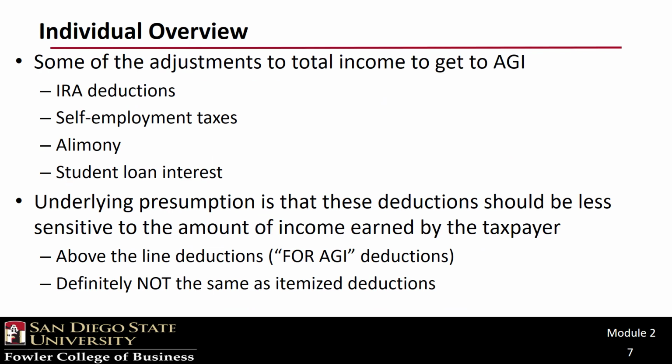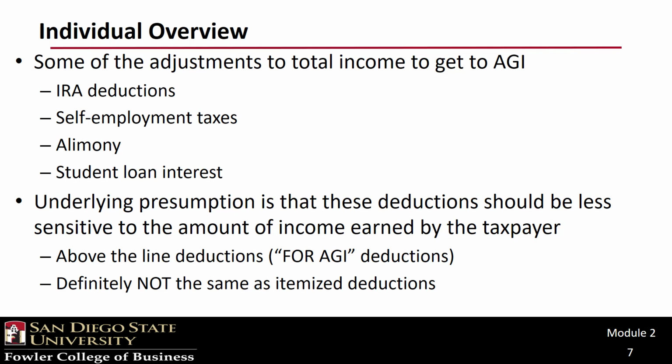As I mentioned, there are a small number of items that are deductible to get to AGI. These are often called for AGI, or sometimes referred to as above the line, with AGI being the so-called line.